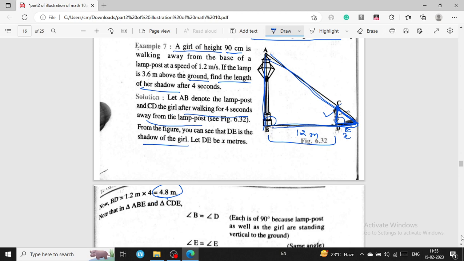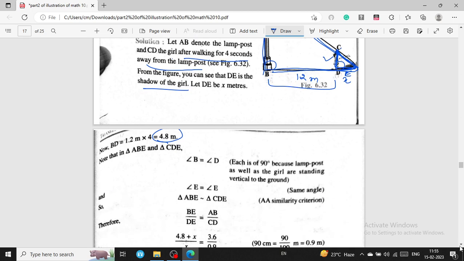And angle E is equal to angle E. In both triangles, angle E is common, the same angle. So according to AA similarity criteria, triangle ABE is similar to triangle CDE.